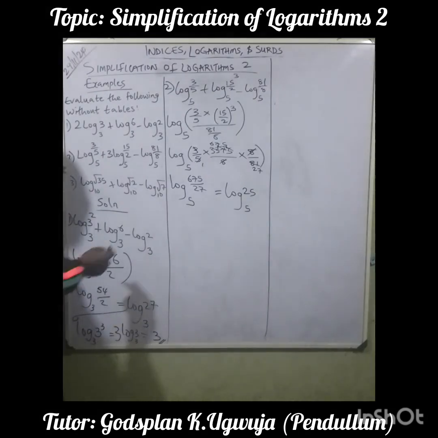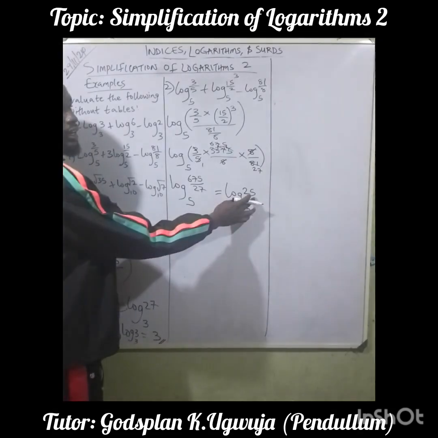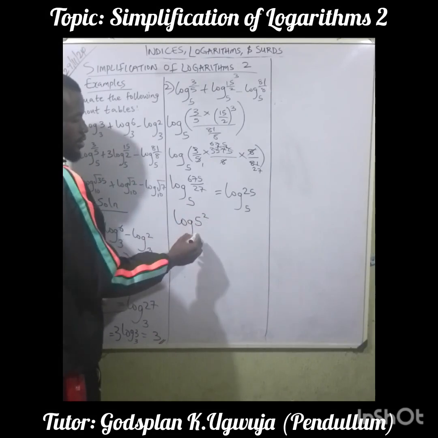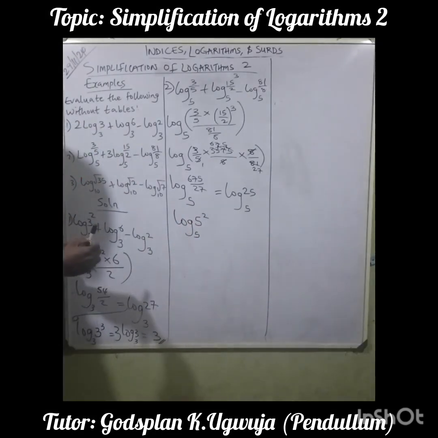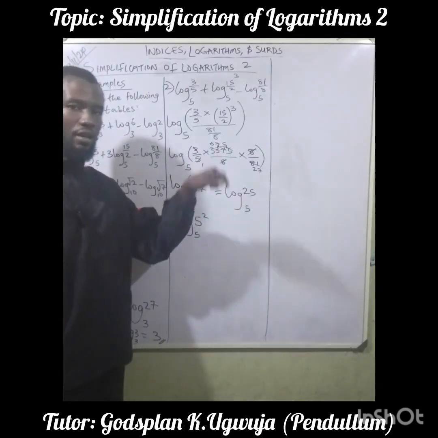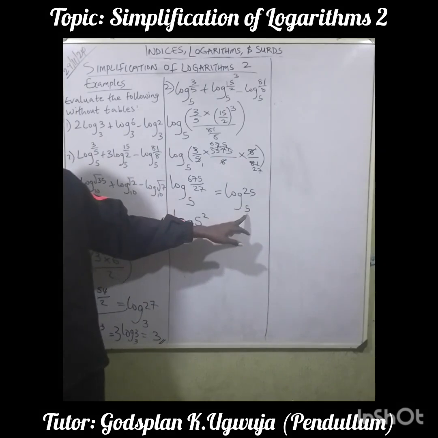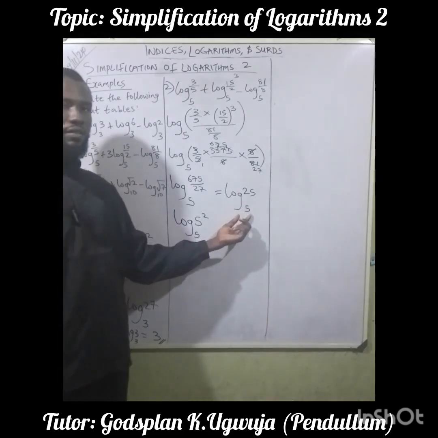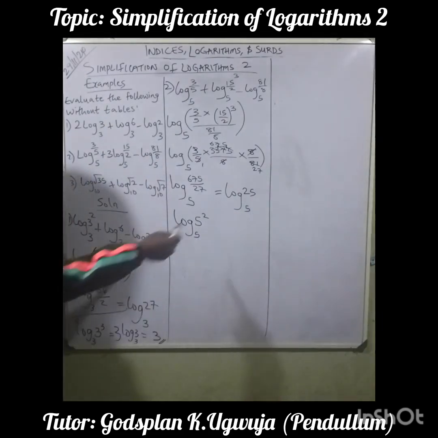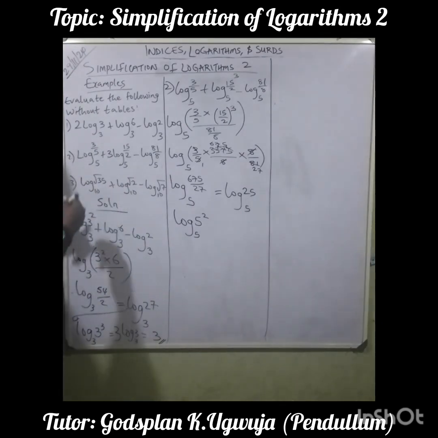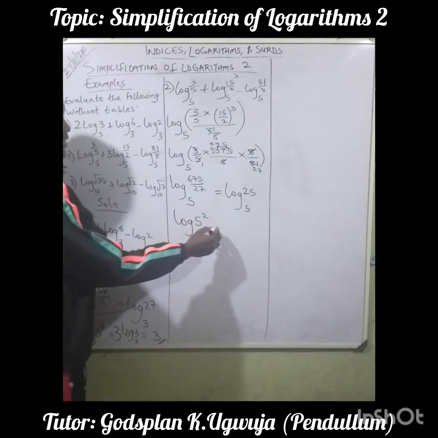Alright. Now, log 25 can be written as log 5 squared base 5. Always try to put this as a power of the base. So if you have 25, you know that you put it in 5. Always try to express the number on top as a power of the base so that you can bring the power back.